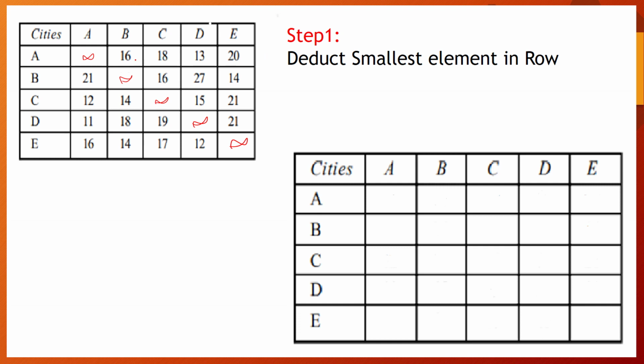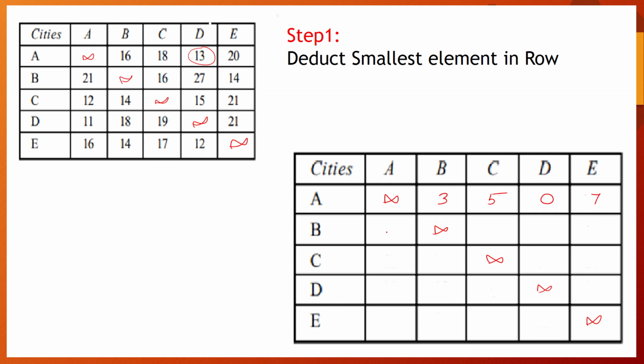So here we need to find the minimum element. Let me just mark this. These will always be infinite, infinite, infinite, infinite, infinite and infinite. Other than that, the minimum is 13. So 16 minus 13 is 3, 18 minus 13 is 5, 13 minus 13 is 0, 20 minus 13 is 7.